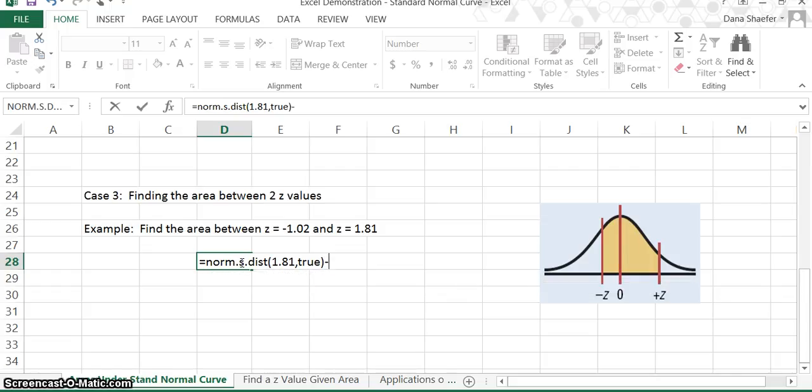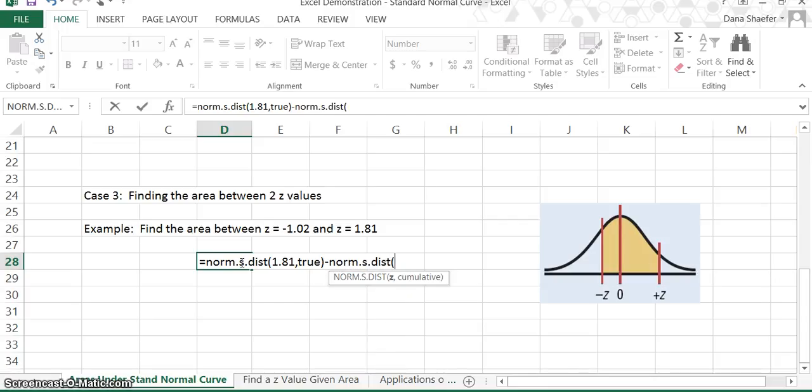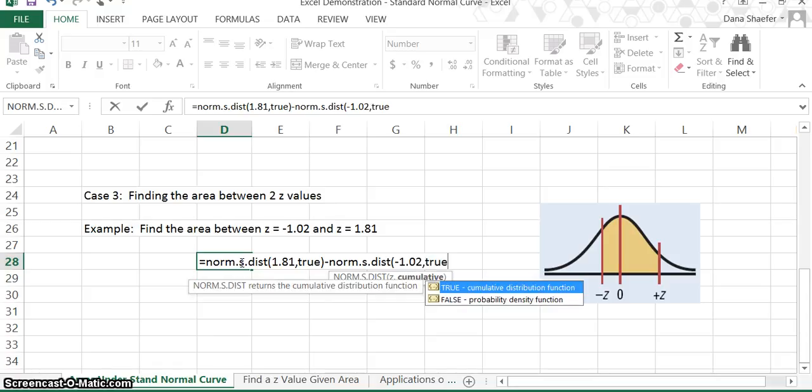Then we're going to subtract norm dot s dot dist, and the value on the left, negative 1.02, true.